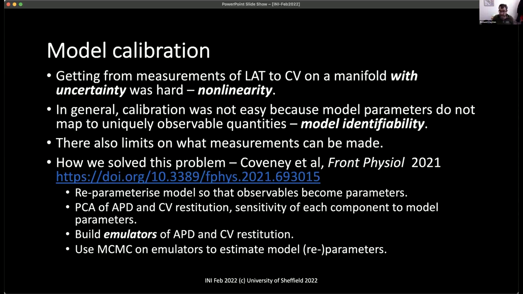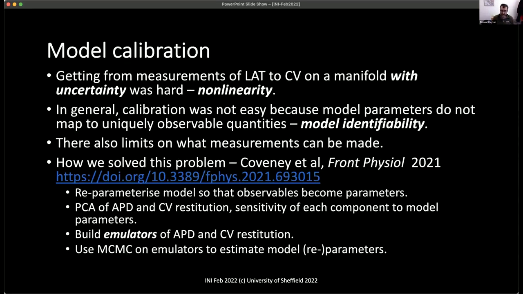But the 4 little bullet points at the bottom of the slide demonstrate our approach. We first of all reparameterize the model so that observables become at least some of the parameters. We then tackled the restitution problem, which is about how 2 of these observable properties change with the rate at which the heart is being paced.